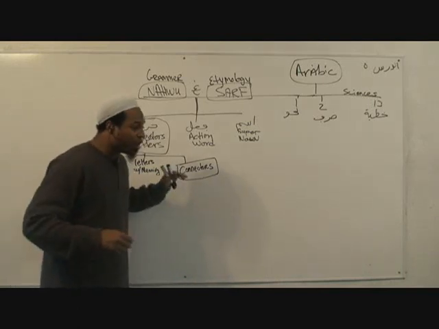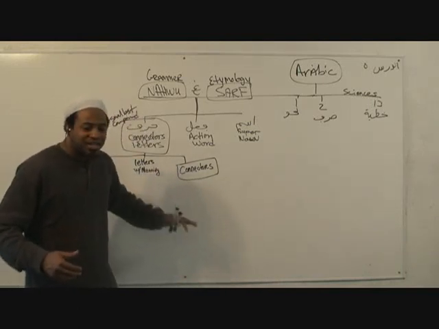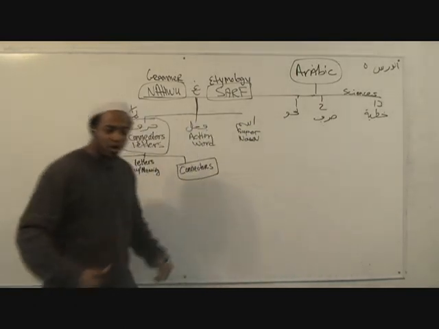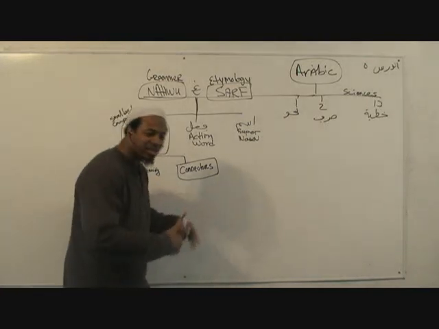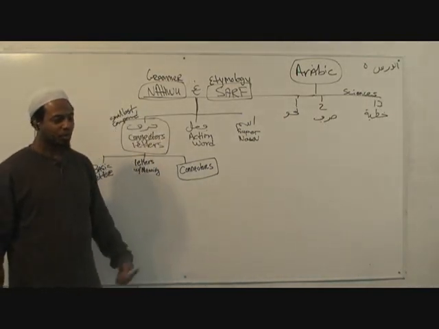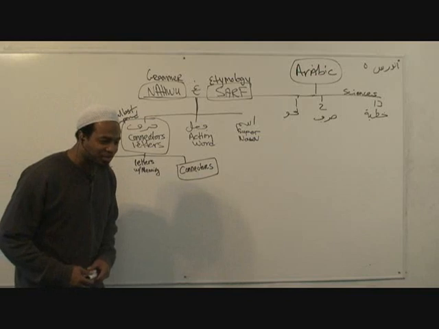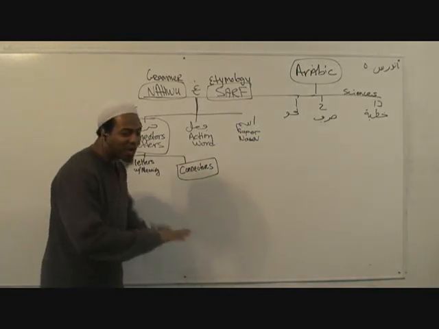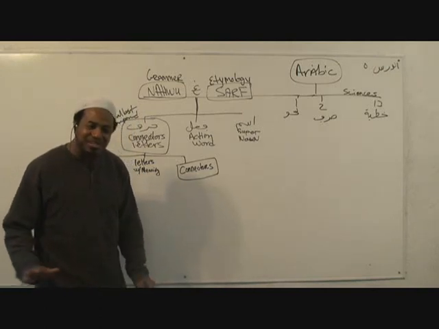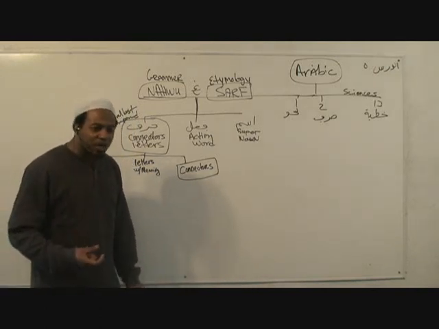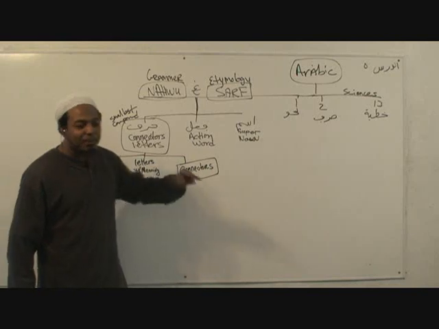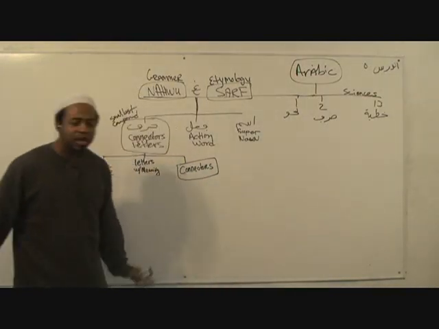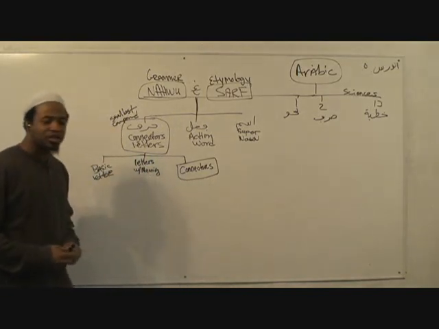A connector is a word that seeks definition through other words, through being connected to other words. Or like we said, كلمة دلت على معنى في غيرها ولم تقترن بالزمن. A word that points to a meaning in something else and is not connected to a time frame. That's what a connector is.